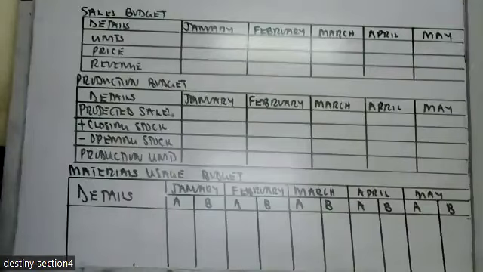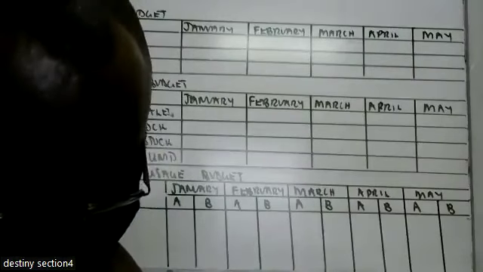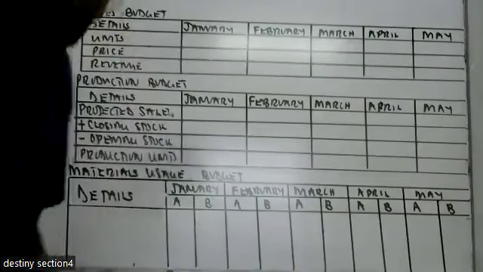Sasa kama tuko na one product, itaitengeneza inawe itaonyesha mpaka workings. Nilikuwa nafikiria tuko na more than one product.